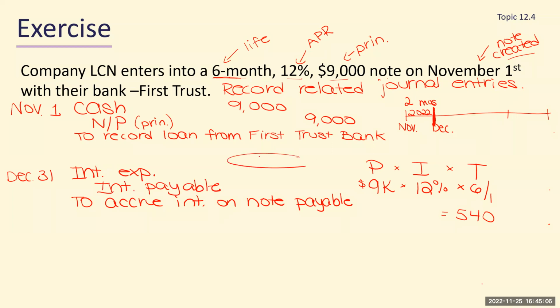To figure out how much, we're going to use our PIT formula. Principal's the same, interest is the same. What's going to change is the amount of time that has passed. Okay, the amount of time that has passed now, 2 months. All right, let's figure that out.